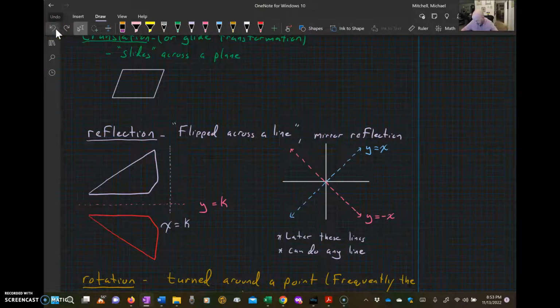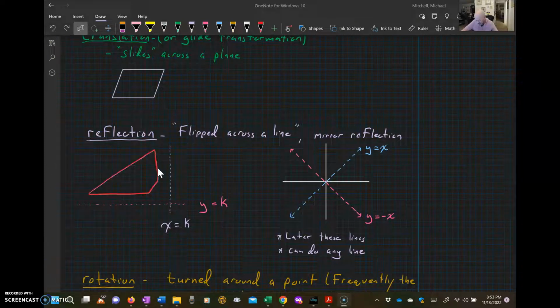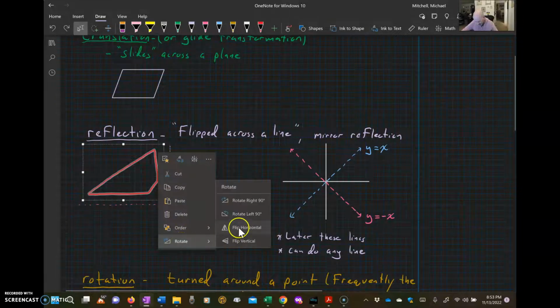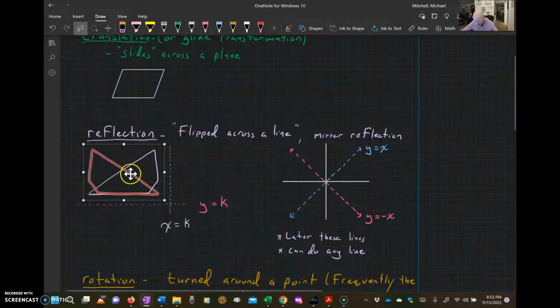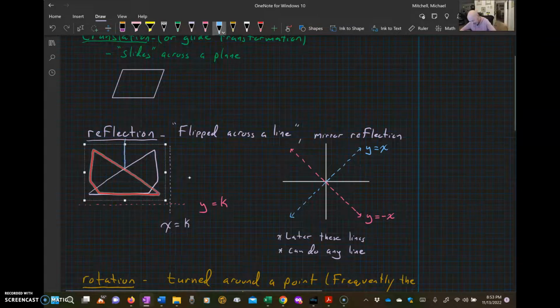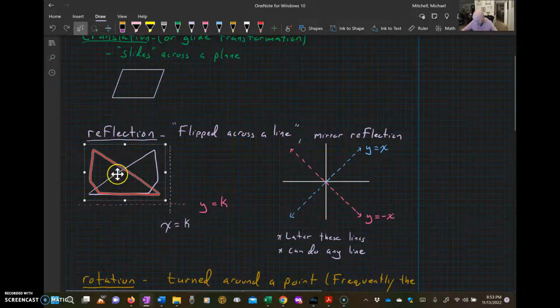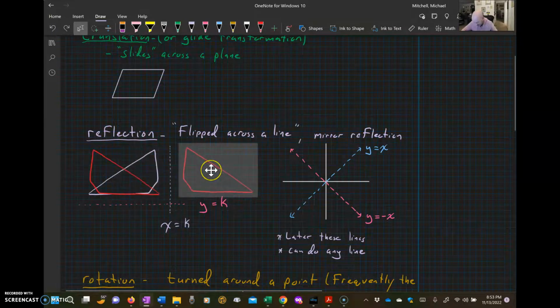Okay, let's move some of this back. So I move my diagram back here. I can also flip it horizontally, or again do a reflection. Again, this is like I had a little line running through it right there. It's flipping around that. A little easier to see what's happening if I just slide it over here a little.